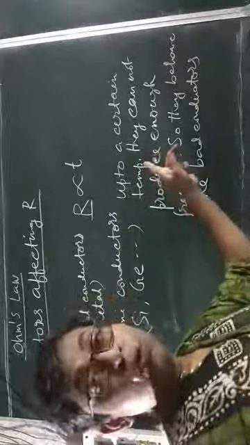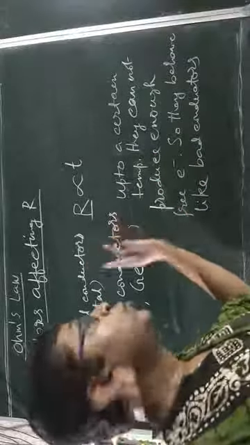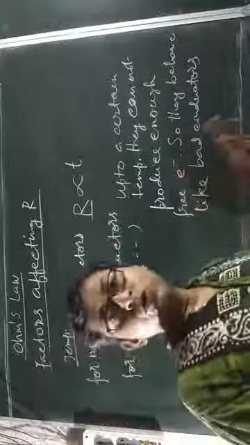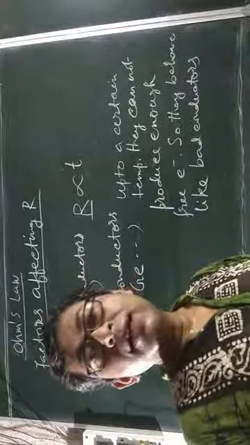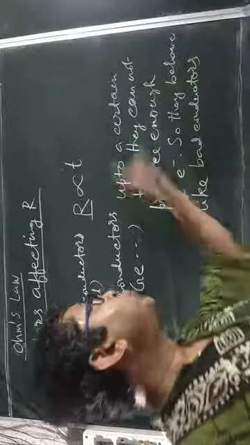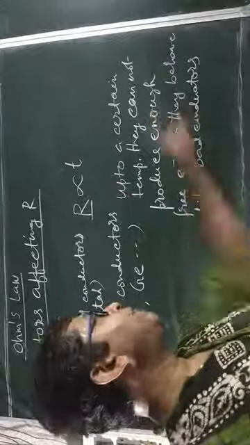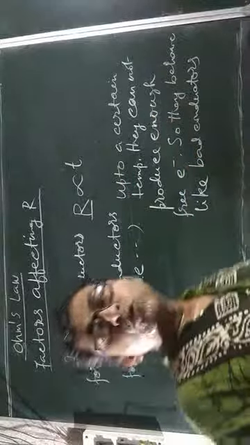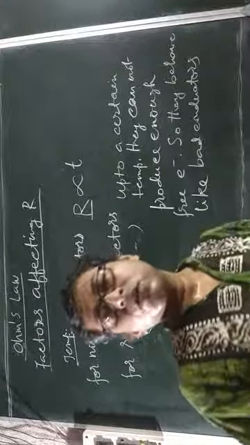Because we know the free electrons are responsible for current. So which material can produce more free electrons? They will act as a better conductor. But up to a certain temperature, these materials cannot produce enough free electrons. So up to that temperature, they behave like bad conductors or insulators.